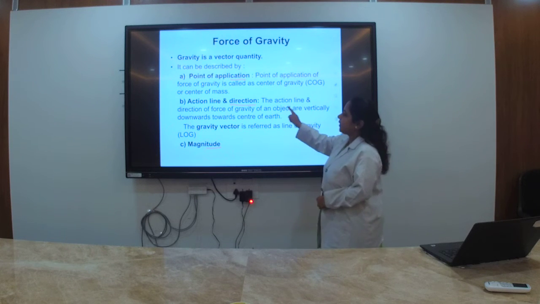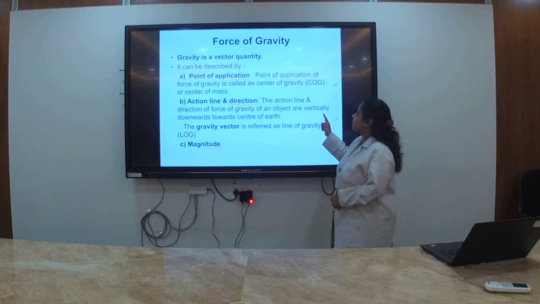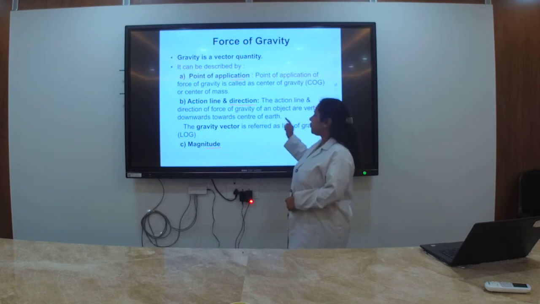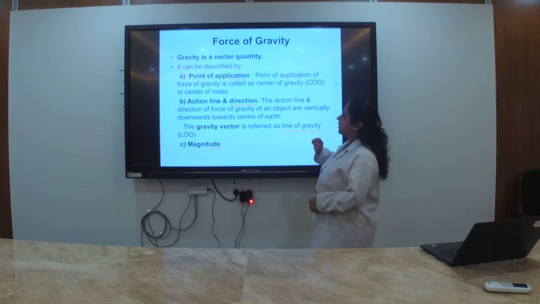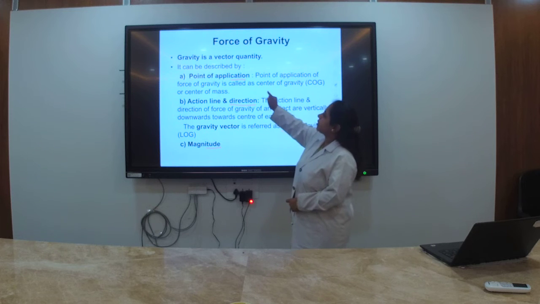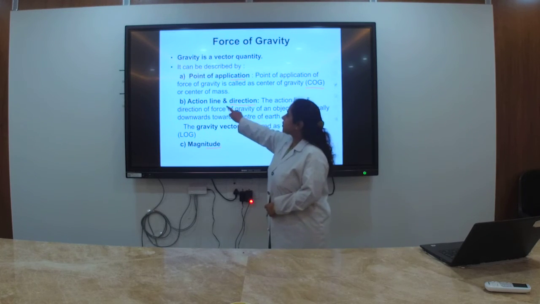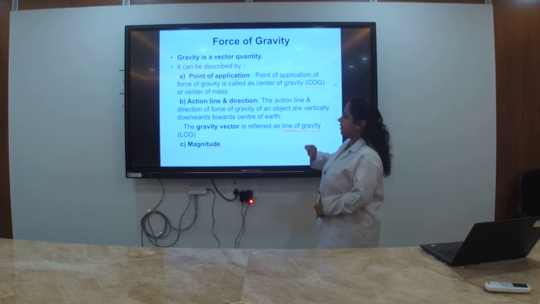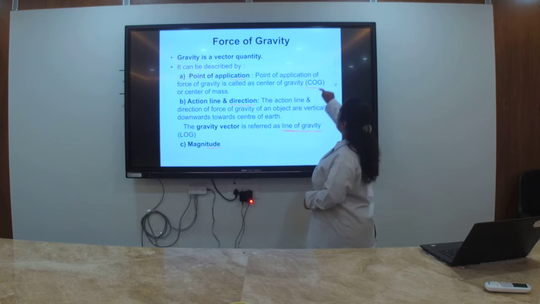The action line and direction of force of gravity of an object are vertically downwards towards the center of earth, and it is called the line of gravity. So the point of application is nothing but the center of gravity, while the action line and direction is nothing but the line of gravity. And thirdly, it is expressed as magnitude.